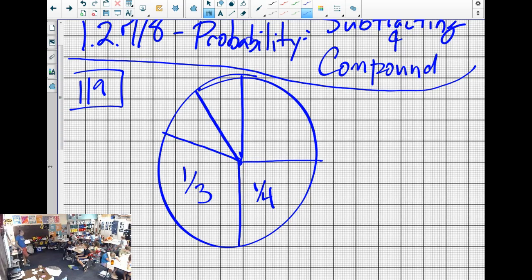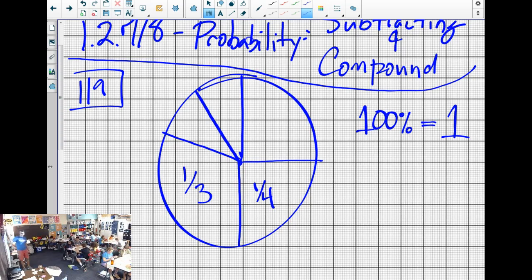If we talk in percentages, how much percent does the whole spinner have? 100%, right? What's clean bathroom?